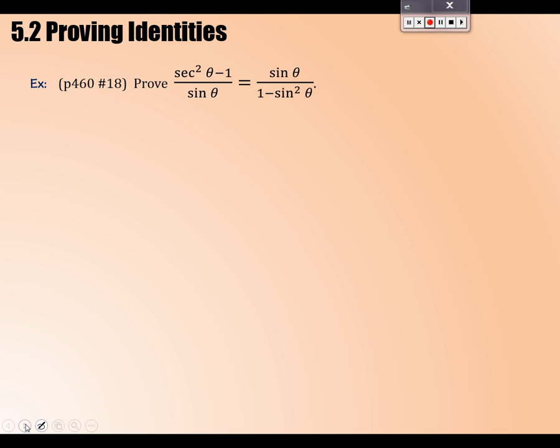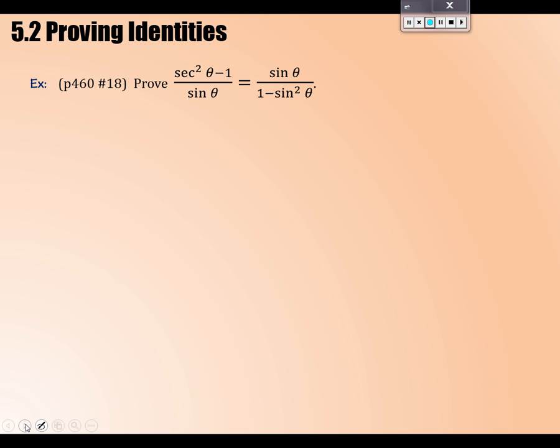I know there's a strong temptation when you see an expression that has all these fractions to say, let's multiply both sides by sine theta, or by 1 minus sine squared of theta, to clear fractions. But you may not do that, because this has not yet been established as a true statement, and the property you're trying to use is a property of equations, and this isn't necessarily an equation yet.